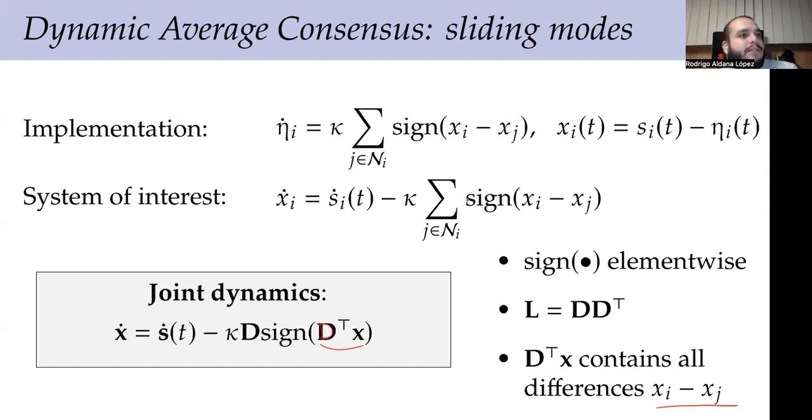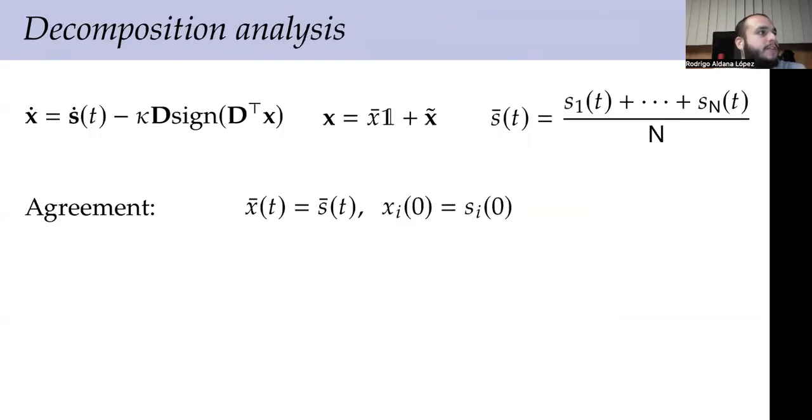So essentially, you compute the sign of the differences, which is what we have here, and we write the rest using the transpose of this incidence matrix, okay? So this is the vector form of the dynamics for the discontinuous protocol. And we make the same reasoning again, okay? We will decompose the vector x into components, one parallel to consensus, one orthogonal to consensus, and see what happens.